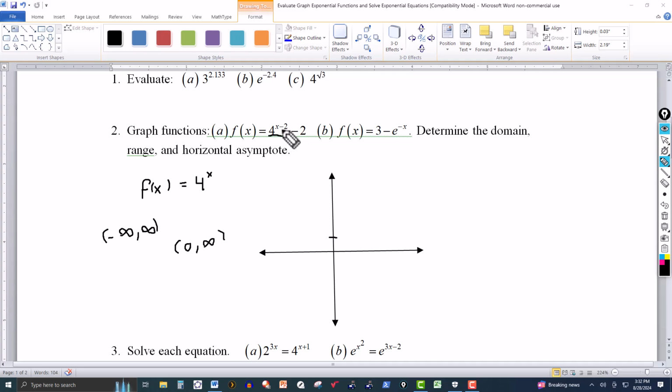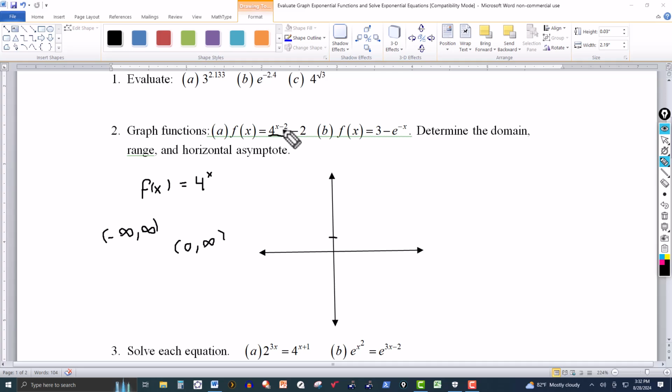So what does this do? Well, the expression here, the x minus 2 here, if I didn't have that minus 2 there, and I just had the minus 2 over here on the right, then it would be this graph here, same graph, like this. The minus 2 takes it 2 down, because it's negative.